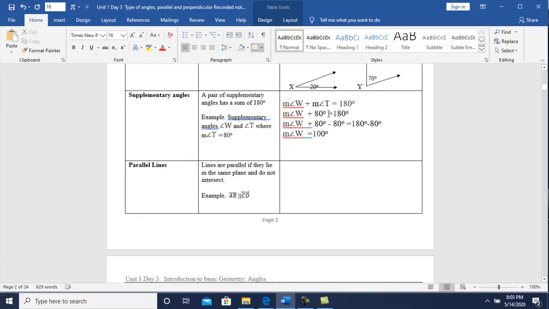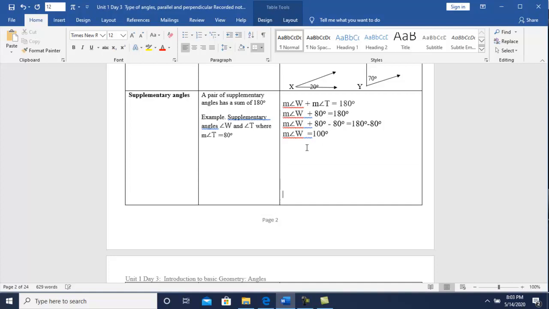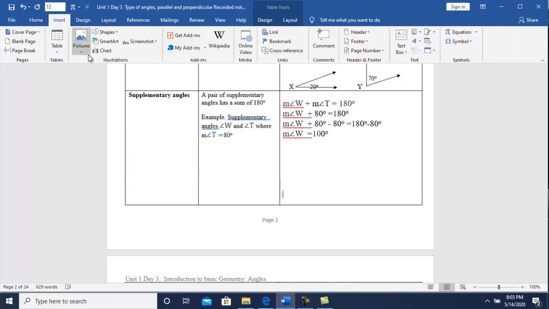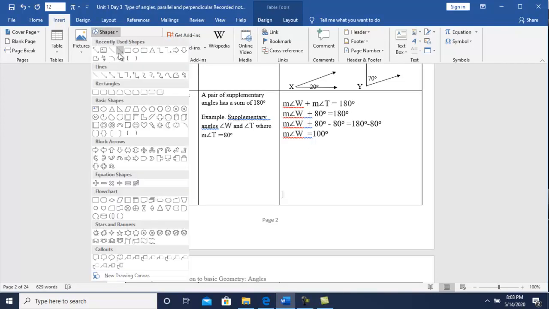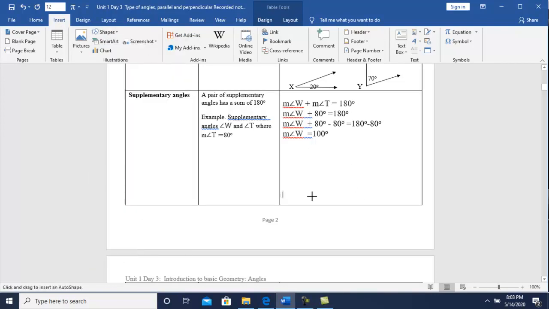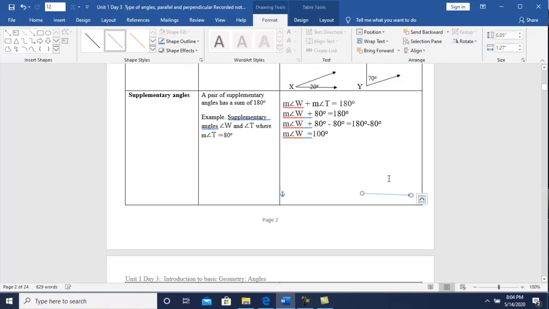Okay. So we need two angles. One's got to be 80 and one's got to be 100. All right, so let's figure out how we're going to do that. Well, first we're going to draw a picture of one angle. Now, 100 is going to look something like this. You need two dots.